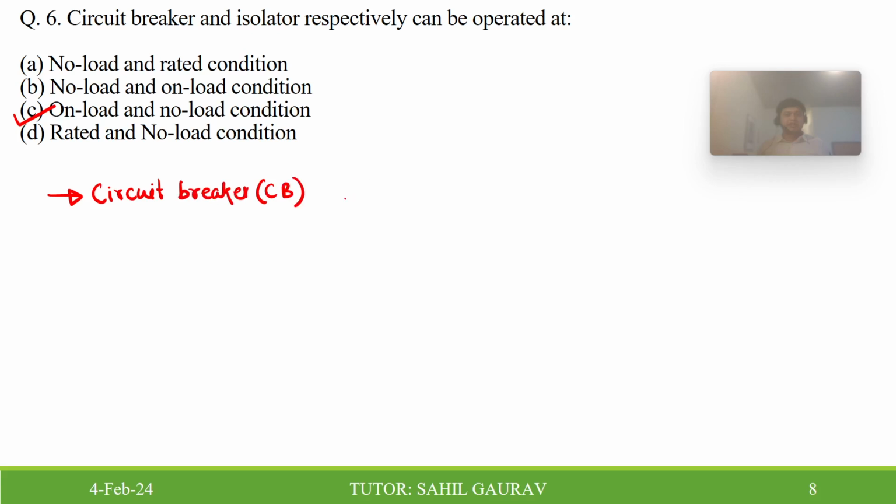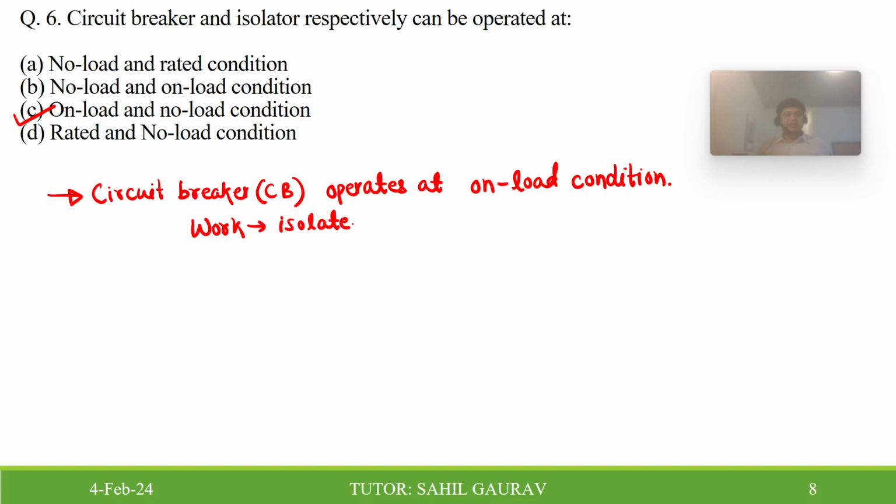Circuit breaker operates on load condition, and its work is mainly to trip during the fault, so that it can isolate the areas where the fault happens.